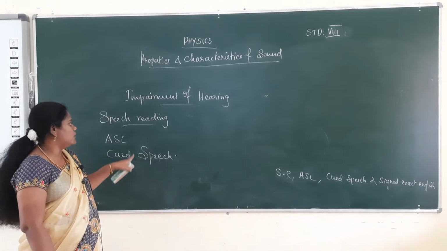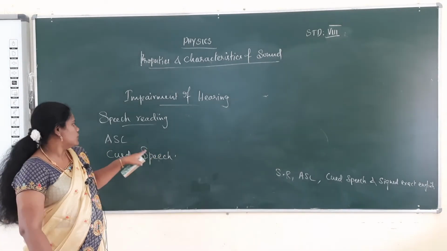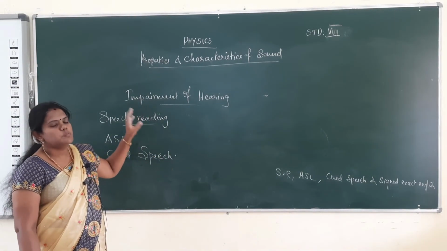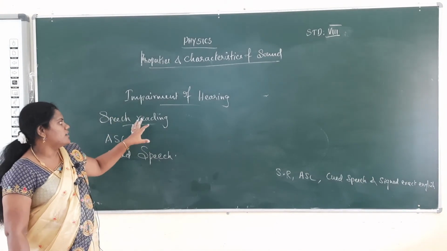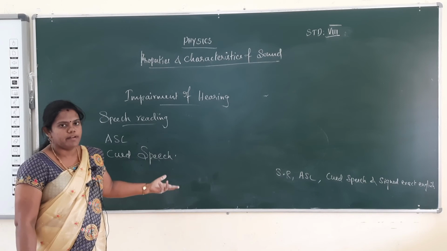These two are almost the same: using hand movements to make those persons understand. So that is the ASL way and cued speech. All are speech therapies for impaired hearing. In this way the person easily understands by hand movements and lip reading.